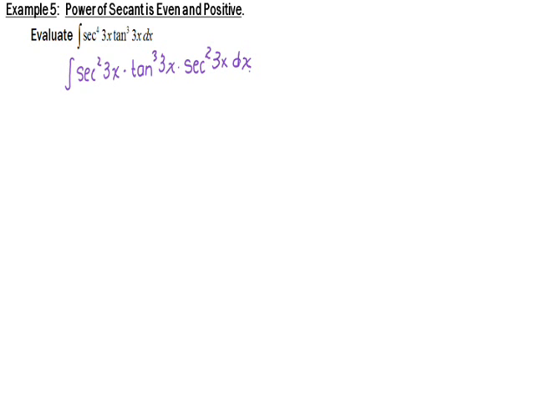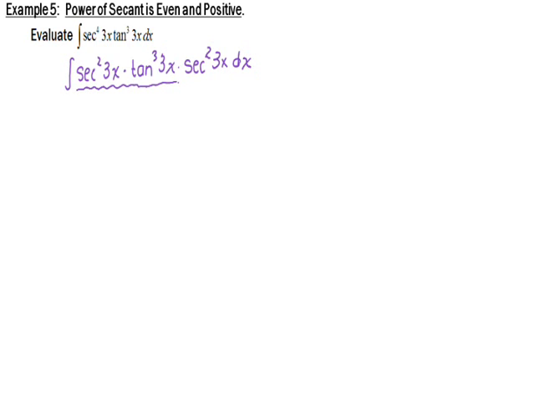Now, at this point, the secant squared here at the end we want to keep intact because our goal ultimately is to eventually let a u perhaps be a tangent factor whose derivative would result in a secant squared. Now, in order to let u be a tangent, then without question, we would want the rest of this integrand to contain nothing but tangents.